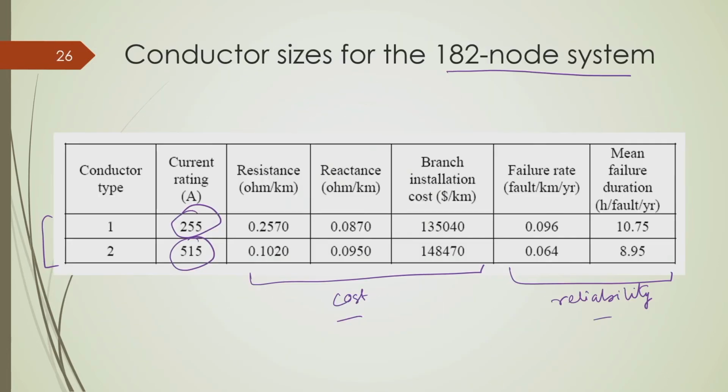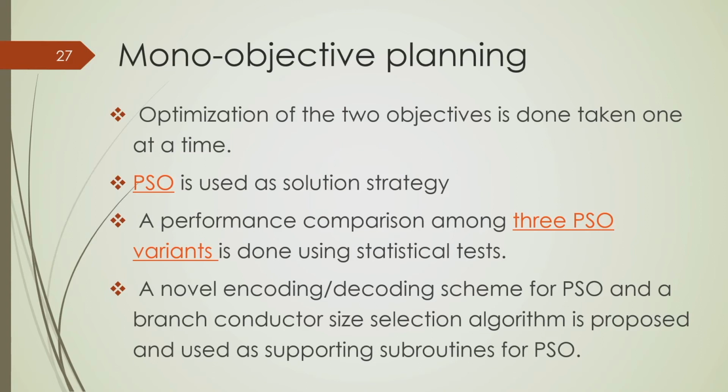As already mentioned, we have formulated two single objective planning problems, where the difference is that in one problem the objective function is total cost, and in the other the objective function is total interruption cost, which is related to maximization of reliability.